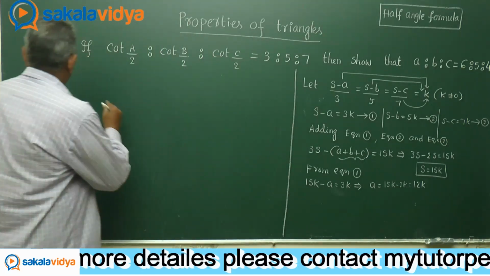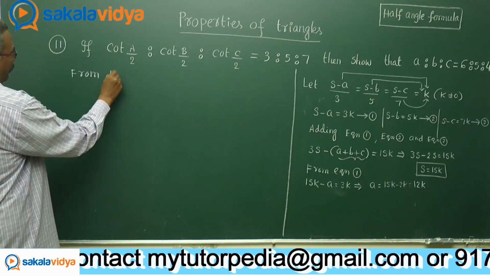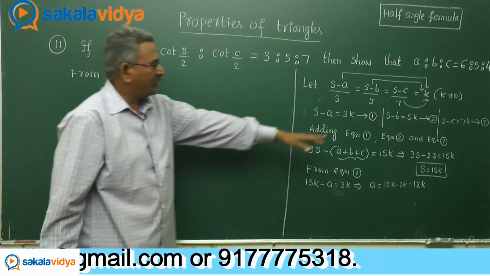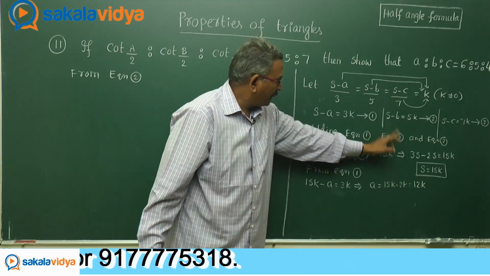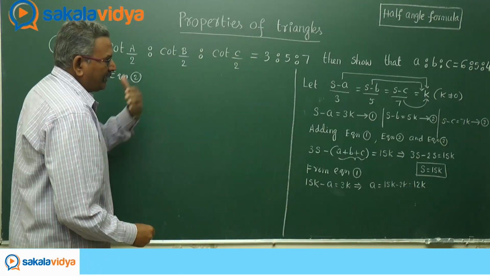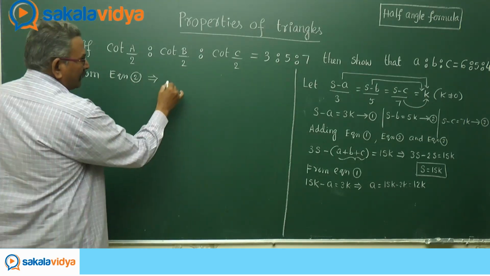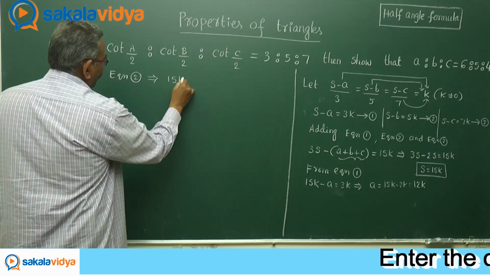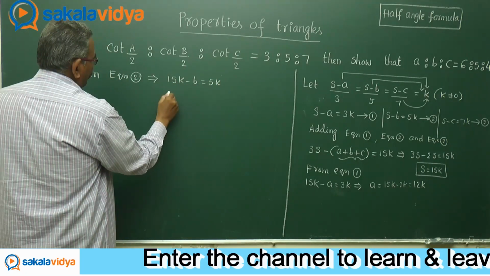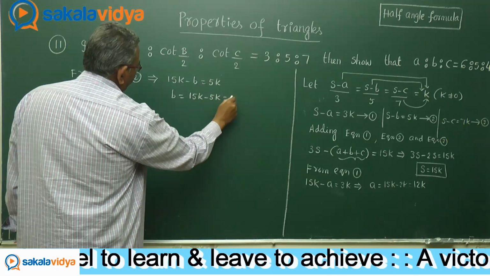Now from equation 2, replacing s with 15k, we get 15k minus b equals 5k. Here b equals 15k minus 5k, which equals 10k.